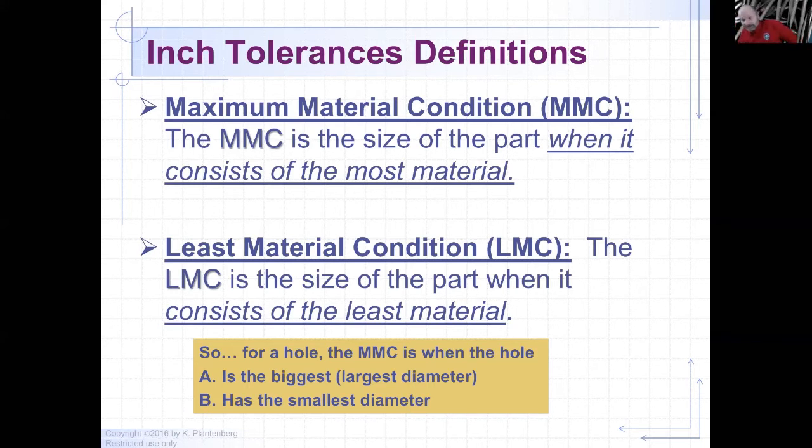Okay, so it's kind of the flip side when you're thinking about holes and when you're thinking about shafts. So think about which has the most material and which has the least material and what that hole will be. Because there are some generic specifications and standards that are based on MMC and LMC.